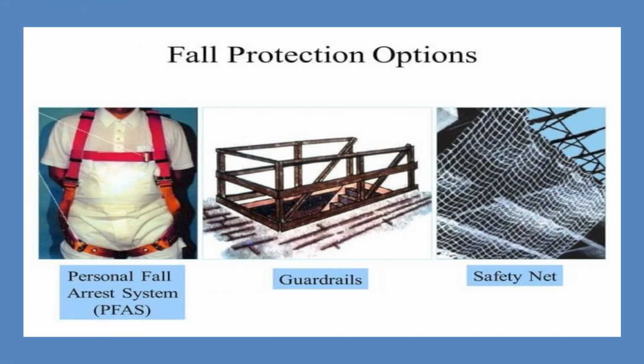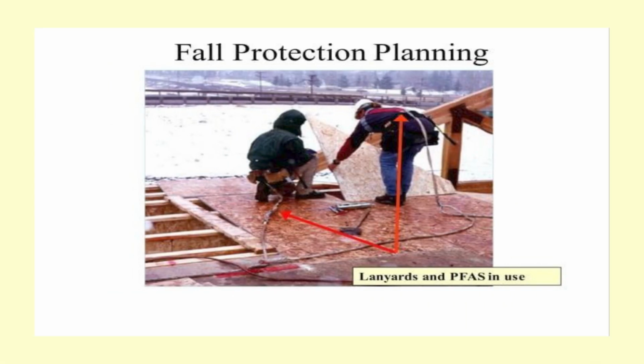Fall protection options are given in these slides: personal fall arrest system, referred to as PFAS, guardrails and safety nets. Here you see the fall protection planning. Here you see that workers have attached their fall arrest system, a full body harness, to lanyards.